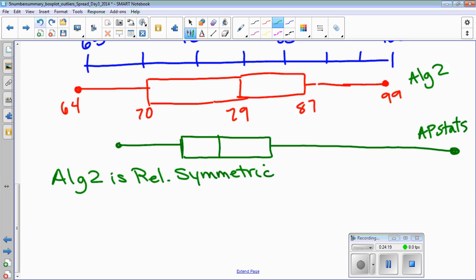Does that make sense when I say it that way? Longer whisker means fewer people. Shorter means more people. There's more data values there. That's important, because you're going to be matching up histograms to box plots in a few minutes. So what are we going to say about AP Stats? You said it was slightly skewed right, because there are fewer data values over here.